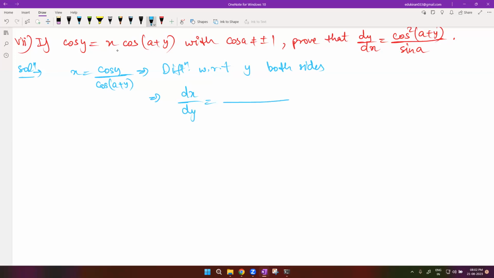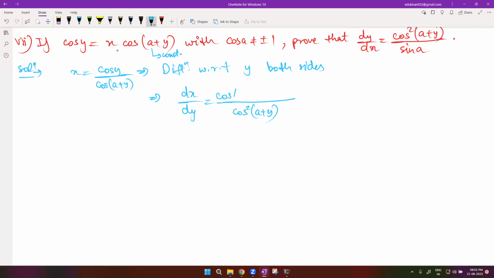On the right hand side, we need to apply the quotient rule. See, the variable is y. a is a constant only. So the variable is y, and you are differentiating y with respect to y. So we directly have to apply the quotient rule. What is the quotient rule? Cos square of a plus y in the denominator.